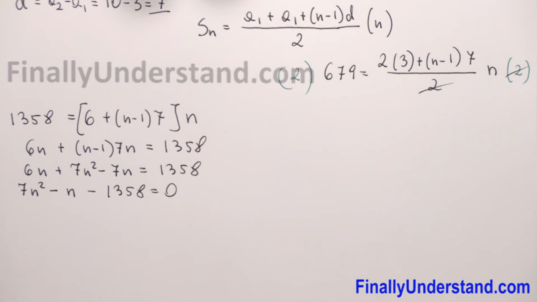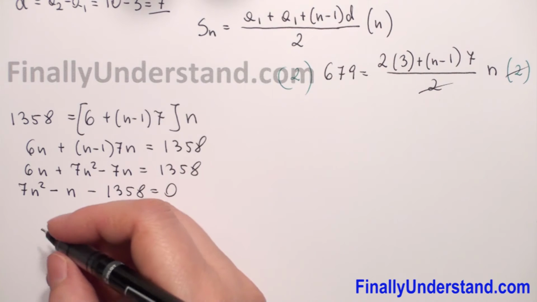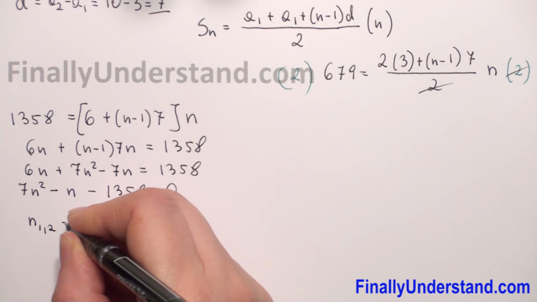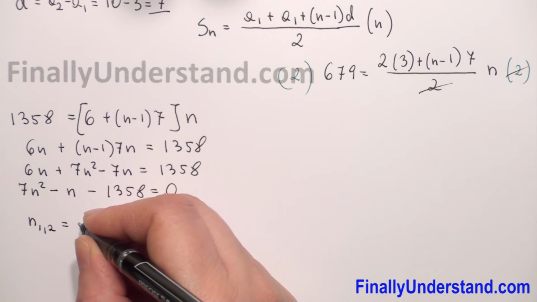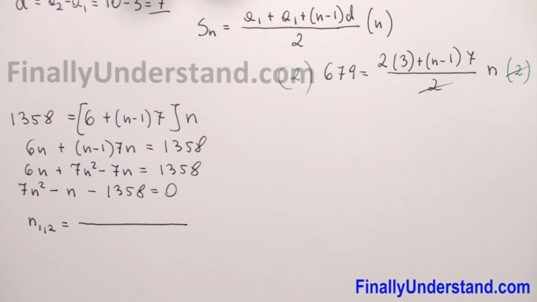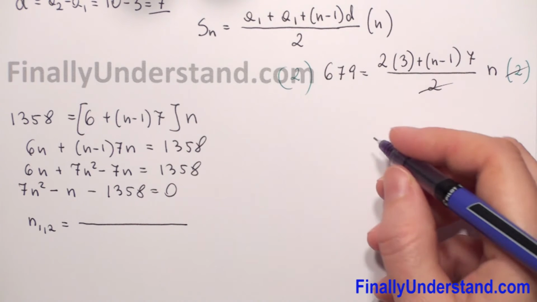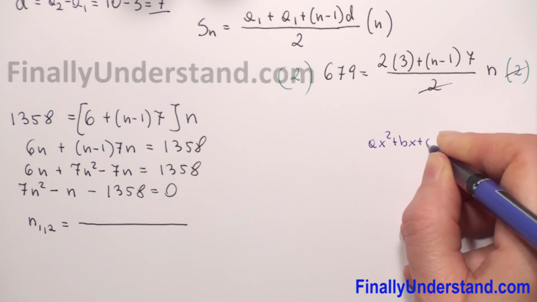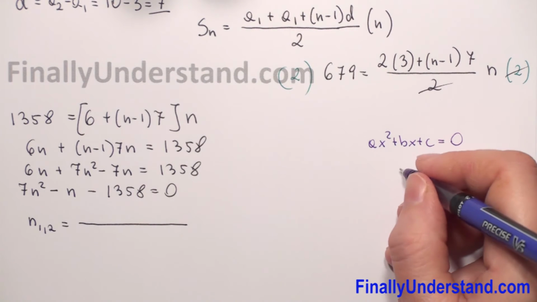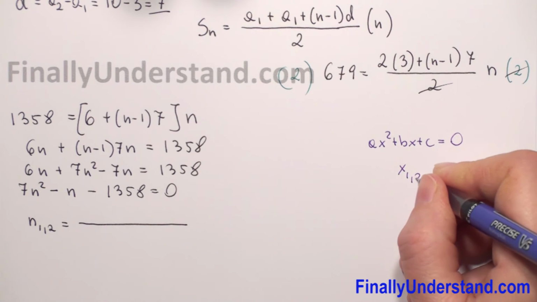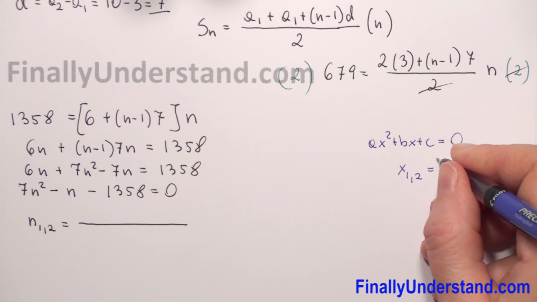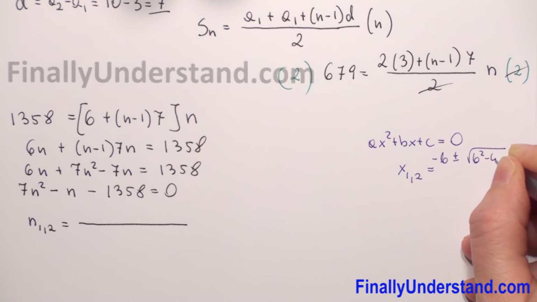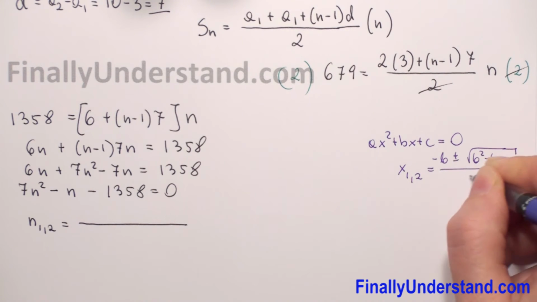To find the solution, we will use the formula for n1,2. Let me remind you the formula. When we have a quadratic equation ax squared plus bx plus c equal to 0, the solutions are x1,2 equal to negative b plus minus the square root of b squared minus 4ac over 2a.